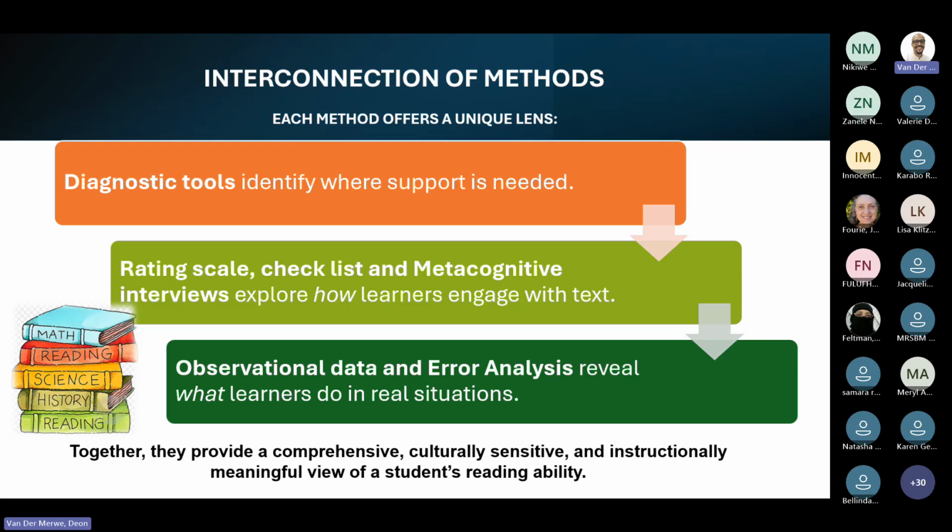At the same time, observations and error analysis show us what learners do in real reading situations. When we put all of this together, we get a fuller picture of a learner's reading ability, one that's comprehensive, sensitive to their background, and useful for guiding instruction.